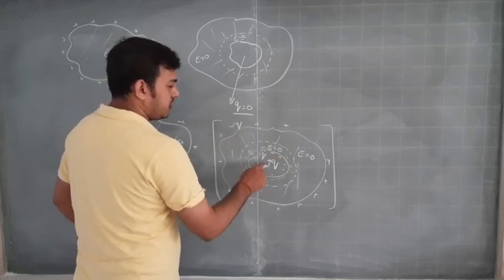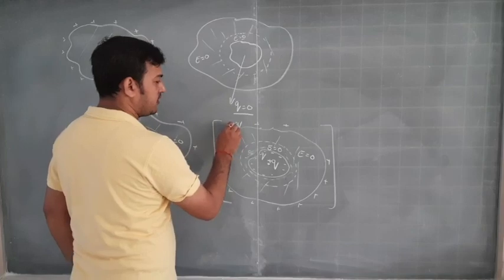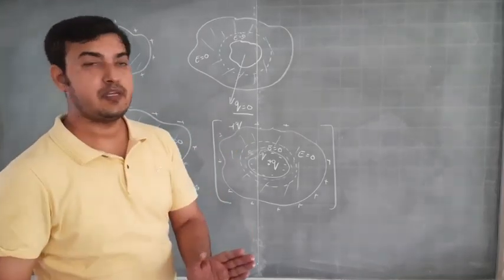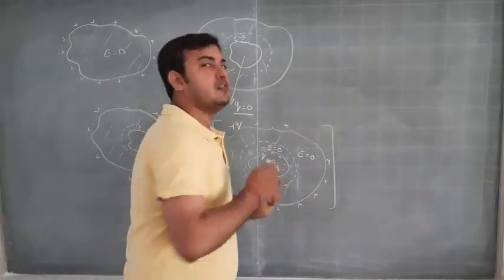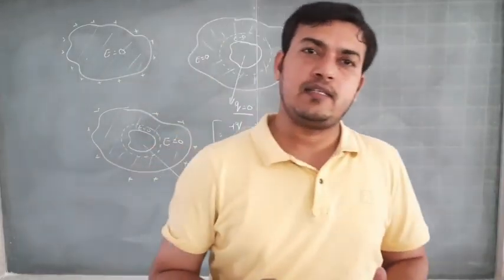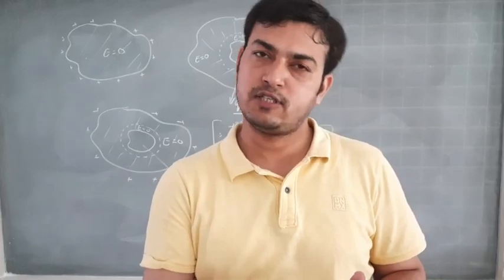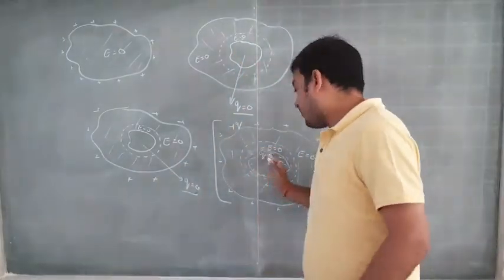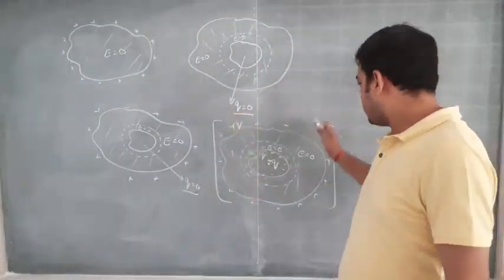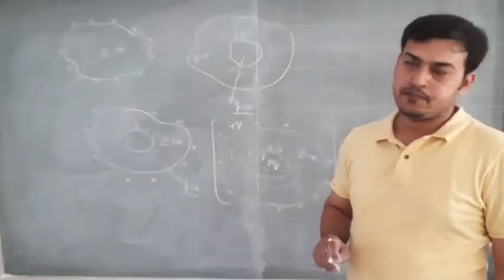So the net charge, plus q minus q plus q, is plus q on the whole system, and that tells that the net charge before introducing the charge was plus q, and after introducing the charge is plus q.